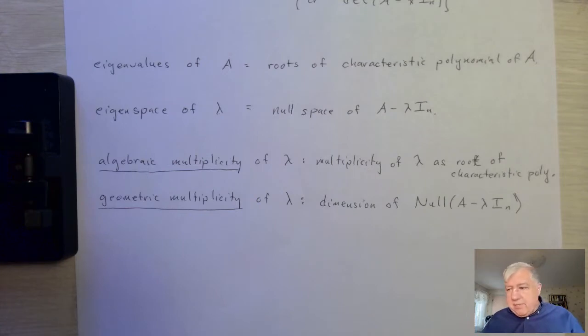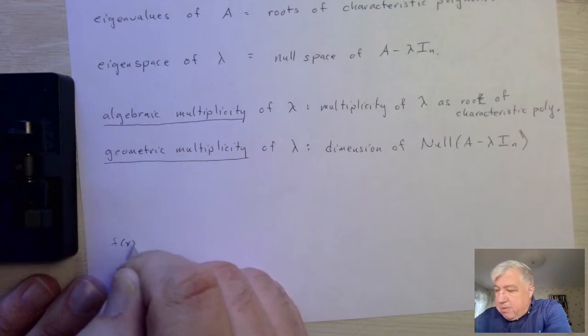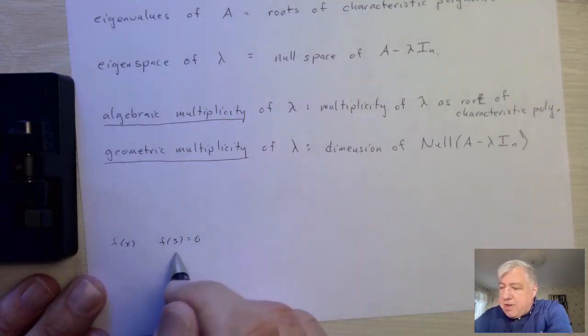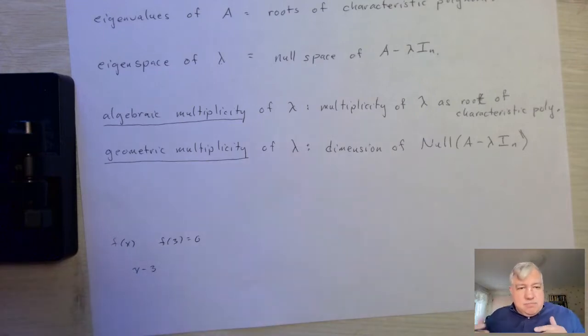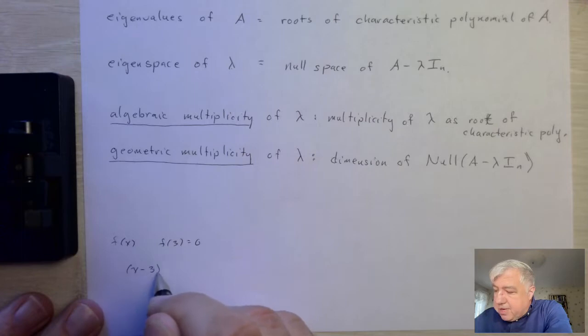So remember, for example, if f of x is a polynomial and f of 3 equals 0, then we know that x minus 3 has to divide f of x. x minus 3 is a factor of f of x, and so x minus 3 times some other polynomial g of x is equal to f of x.